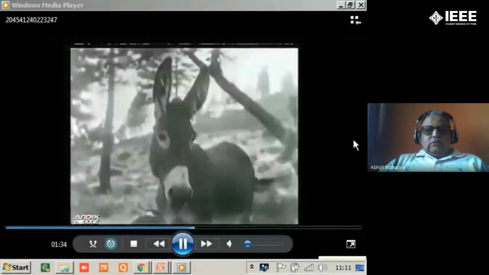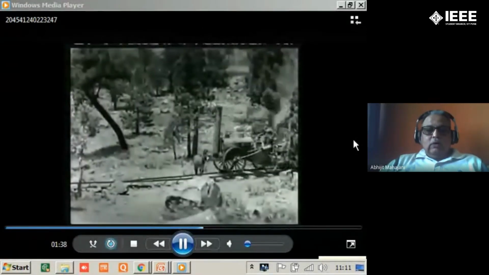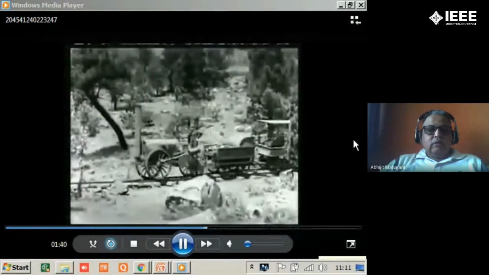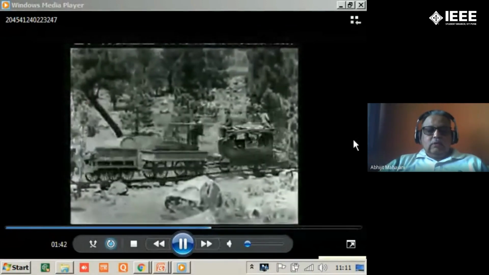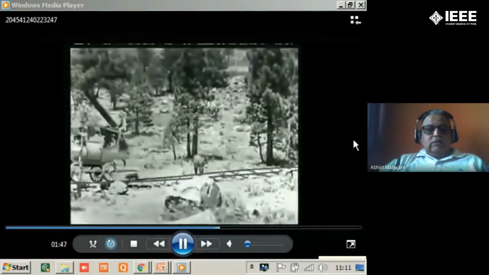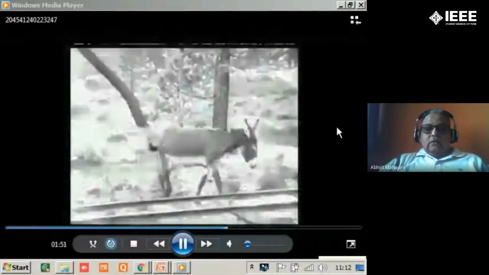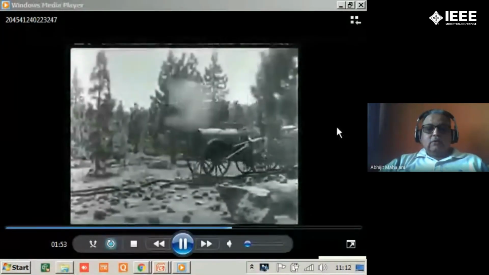Look at the level of sophistication in those days. It was so primitive. You can find two guides in front of the front wheel to maintain the gauge of the rails. Look at the flexibility of the coupling between the two coaches. Yes, he's satisfied. Gone.